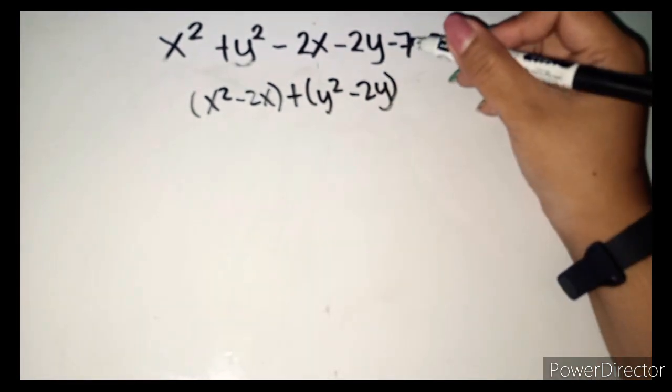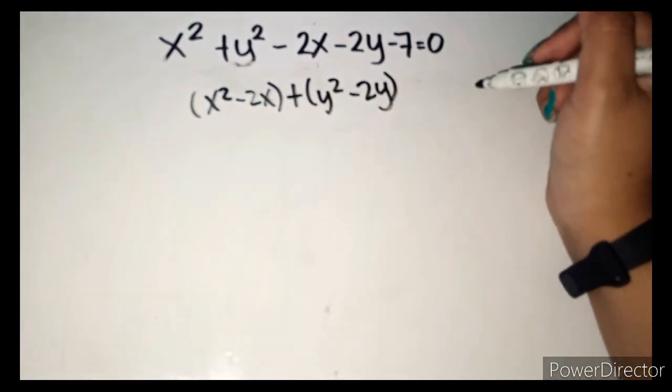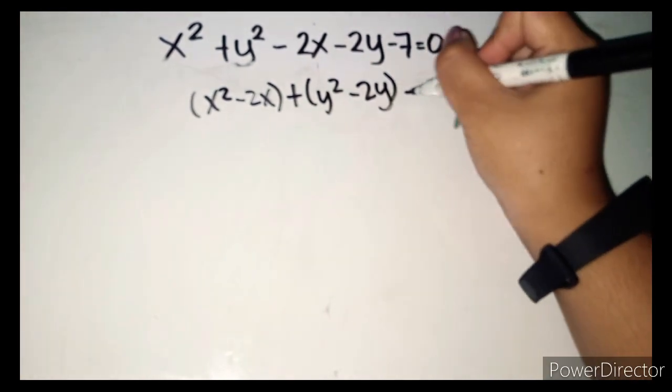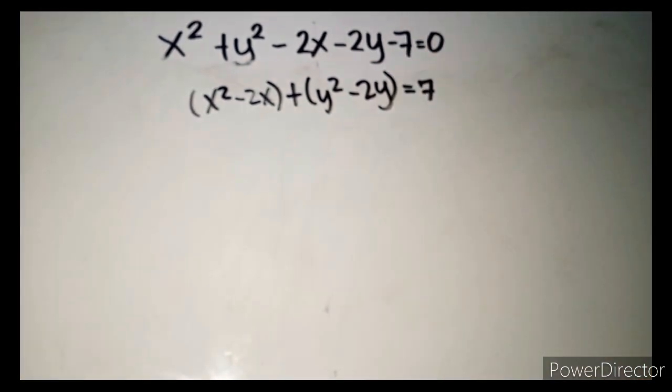Since we have constant number dito na 7, ilalabas natin siya. From negative, magiging positive 7. Okay? Next, ano yung susunod na step? We need to find the third term. So, gagawin natin siyang perfect square trinomial. Yung each group na in-enclose natin sa parentheses.